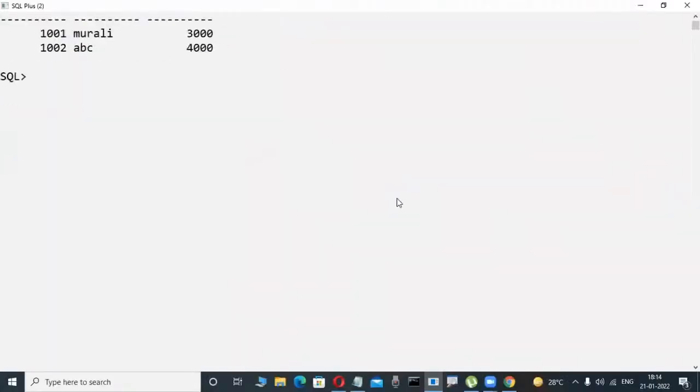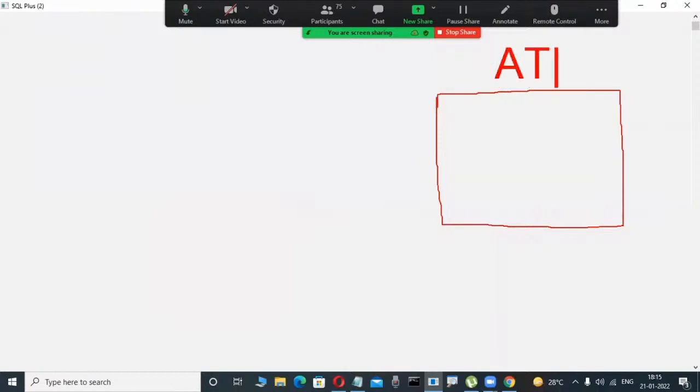Now check the scenario. This is an ATM machine, for example. What is my balance in my account? 3,000 is the balance. Today I decided to withdraw some amount.